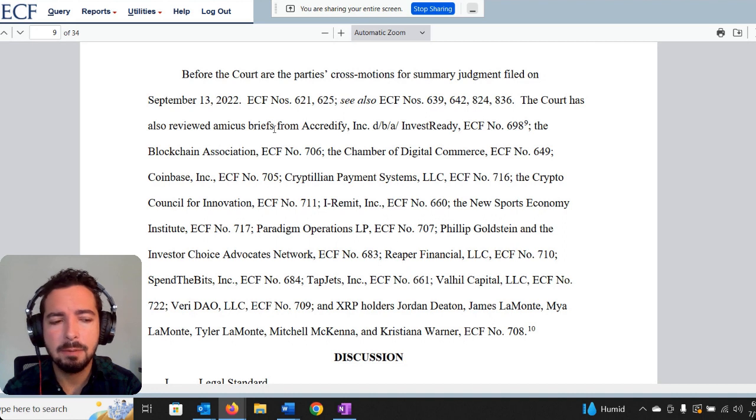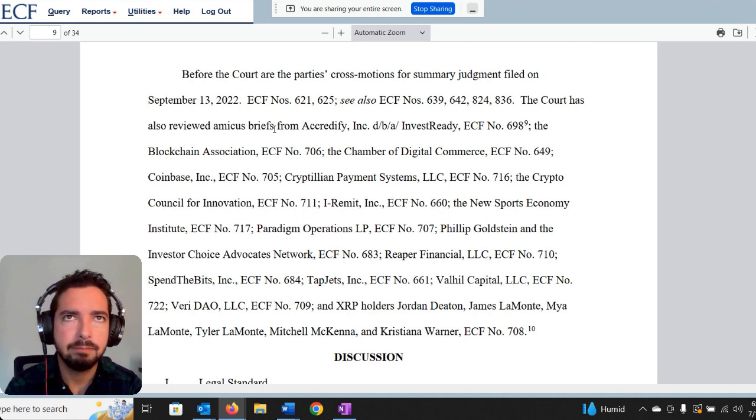Amicus briefs are basically reports or written documents that are submitted by people who are not a party to the case and who want to just give the court their thoughts, their understandings of how the court should maybe rule in the situation, just to help the court with its decision, maybe giving different perspectives that the parties in the case are not, as of right now, providing.